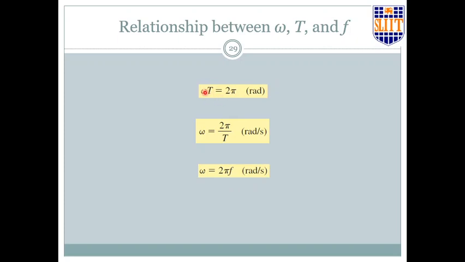So this will give you that omega is equal to 2 pi over T, or since 1 over T is f, omega is equal to 2 pi f. Angular velocity is equal to 2 pi f, or frequency is equal to omega over 2 pi. We'll write that as well in here. So f is equal to omega over 2 pi, right?